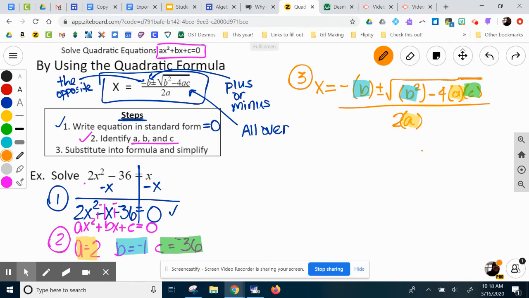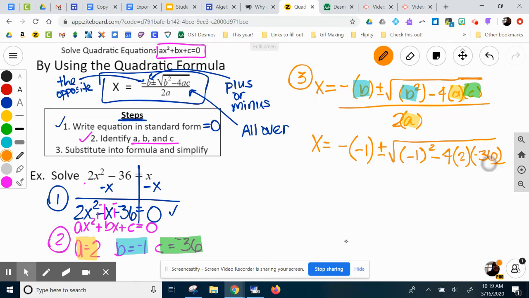So x equals the opposite of negative 1 plus or minus the square root of negative 1 squared minus 4. A is 2. C is negative 36. All over 2 times, oh, not negative 36. Sorry. 2 times a. And a is 2.